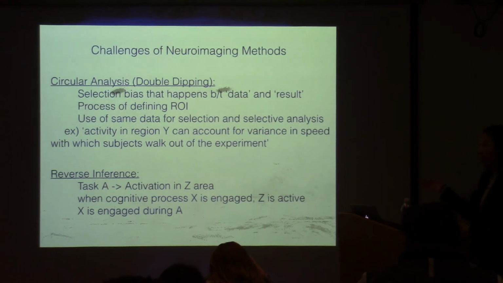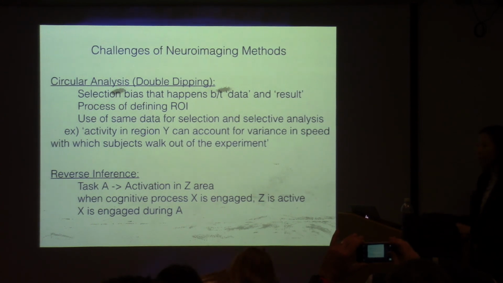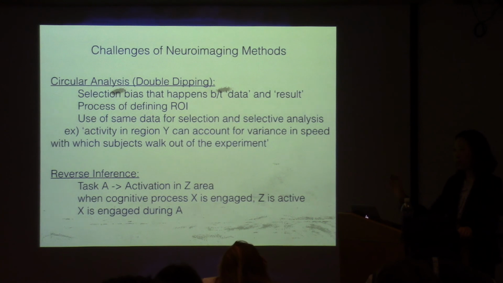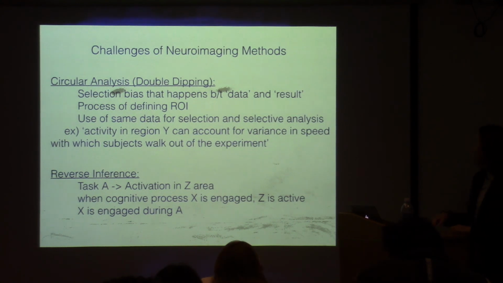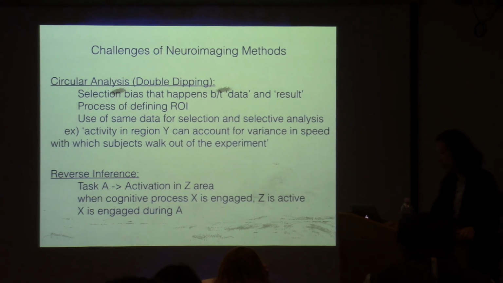And logically, it makes sense for us to conclude that cognitive process X is engaged during task A. But to make this a deductively true statement, what you need to know is whether Z is only active when cognitive process X is engaged. Z cannot be active when other processes are going on.